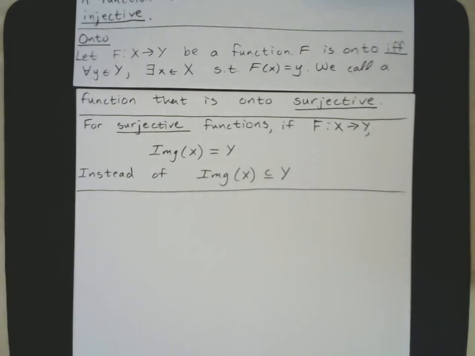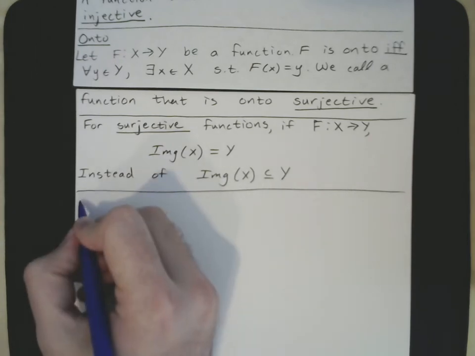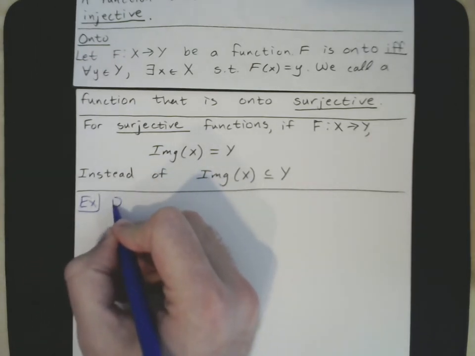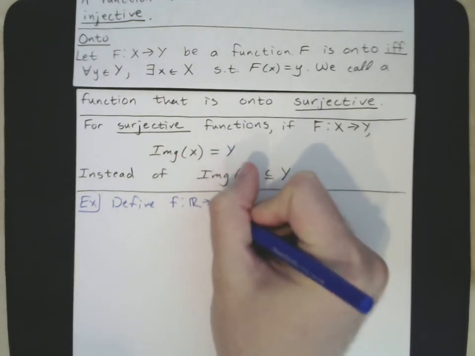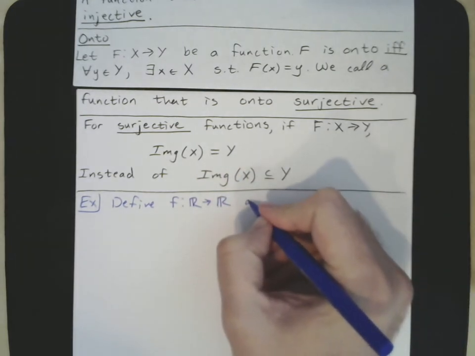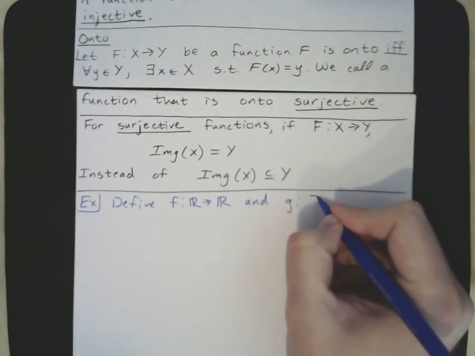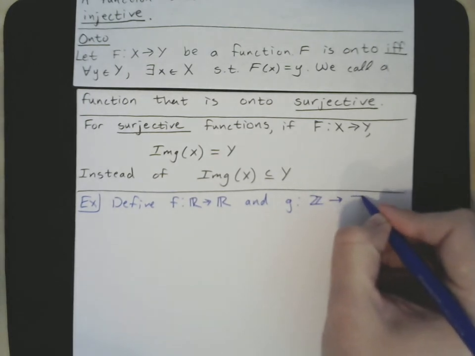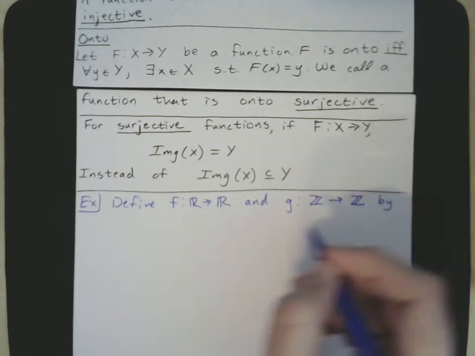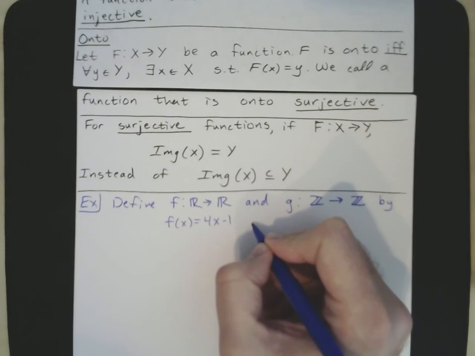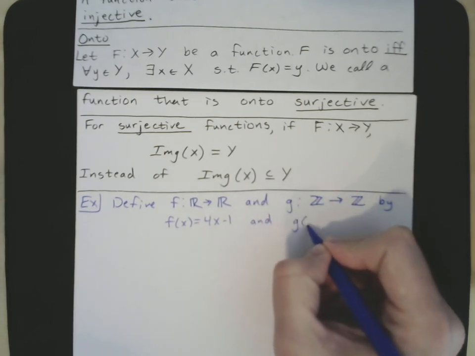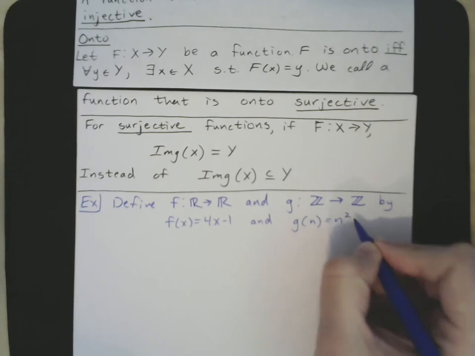So let's take a look at how we would prove a function is one-to-one or injective. So we are going to define f to map reals to reals and g to map integers to integers by f of x equals 4x minus 1 and g of n equals n squared.